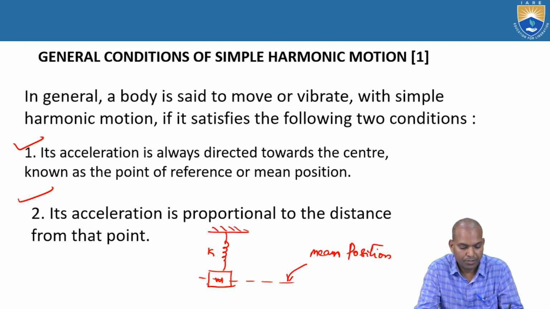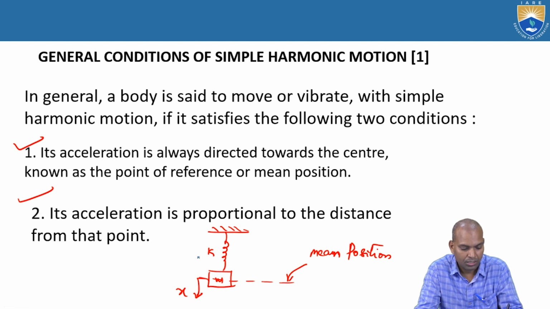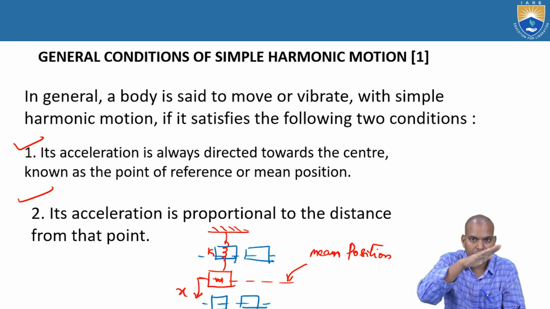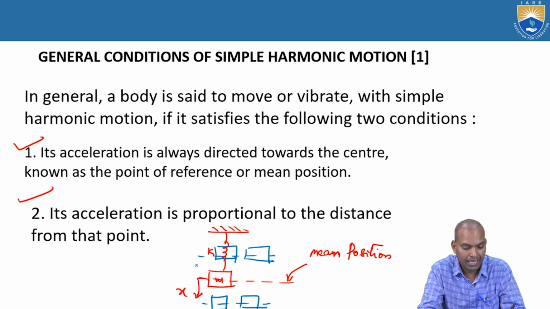With this equilibrium, when you give an initial displacement x, the mass starts oscillating with respect to the equilibrium position. If the mass moves from this position to this position, it starts oscillating and vibrates. Here x is the displacement, and what about the velocity component?